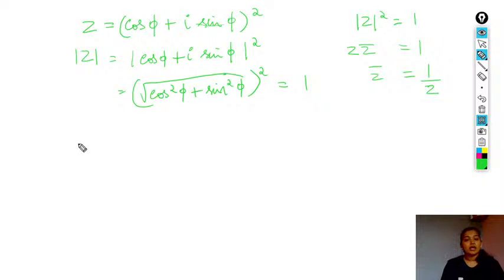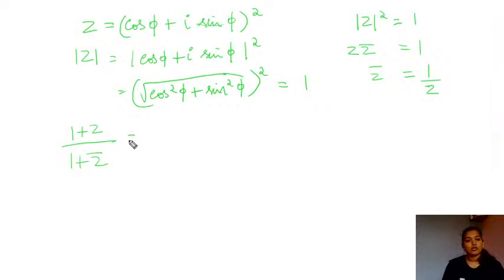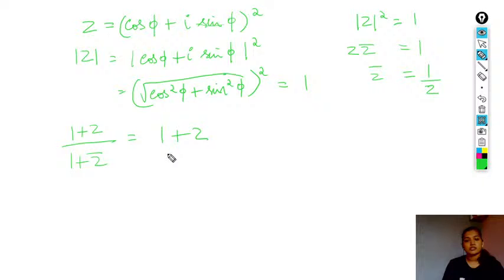Okay, we are asked to get the value for 1 plus the complex number z divided by 1 plus z conjugate. So let's substitute for z conjugate now. So we will have this as 1 plus z divided by 1 plus 1 by z. So simplifying, the denominator is going to be z plus 1 divided by z.